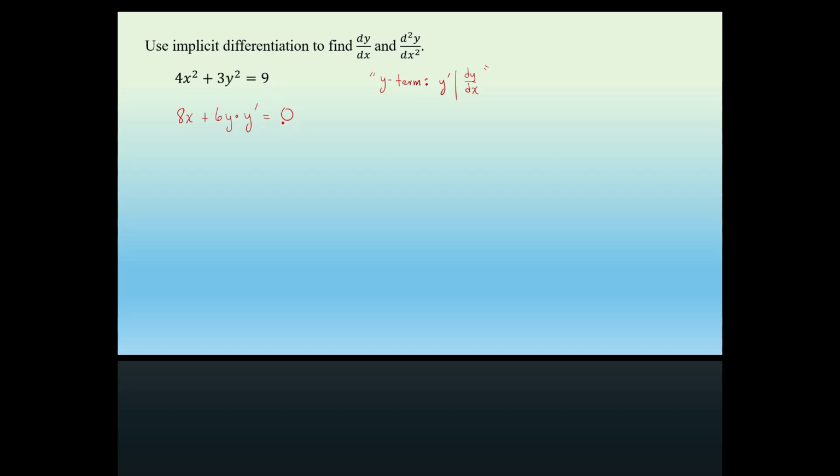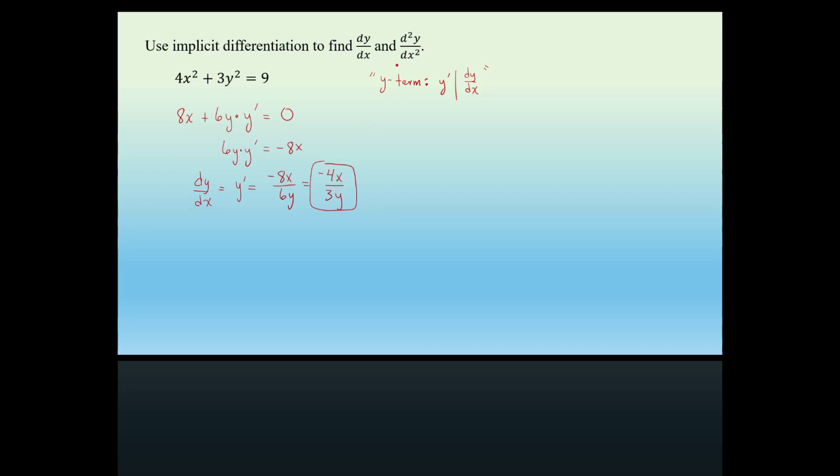So then I will separate everybody away from y prime. And I end up with y prime equals negative 4x over 3y. Remember, y prime is the same as saying dy over dx. So here is our first derivative.